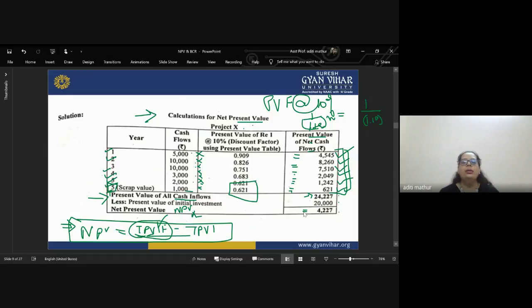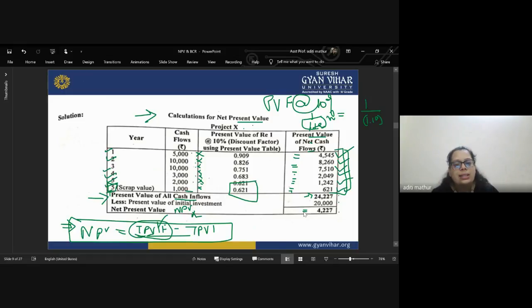Step number 1, write the formula. Step number 2, prepare the chart for the calculations of net present value. Step number 3, write or calculate the present value factors. Step number 4, calculate the individual present value of net cash inflows. Step number 5, add all the present values of inflows of the years.